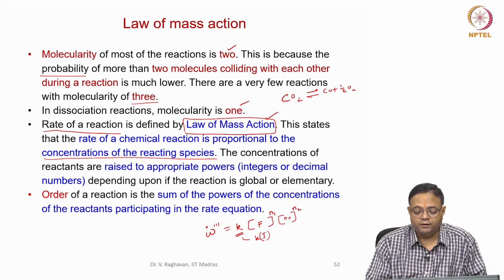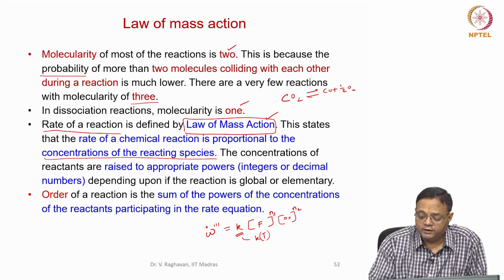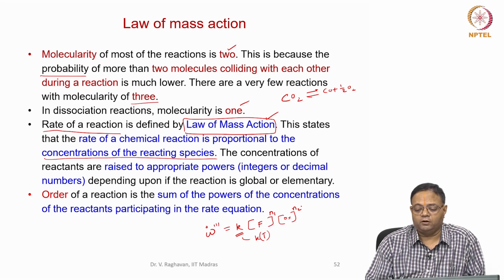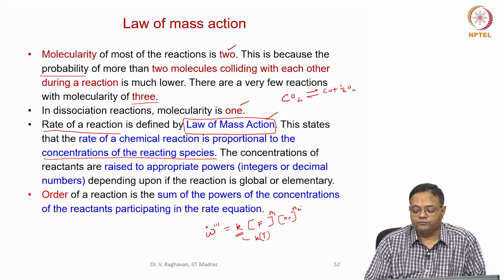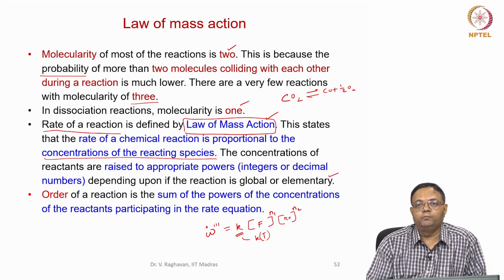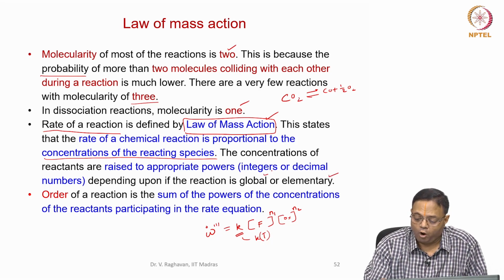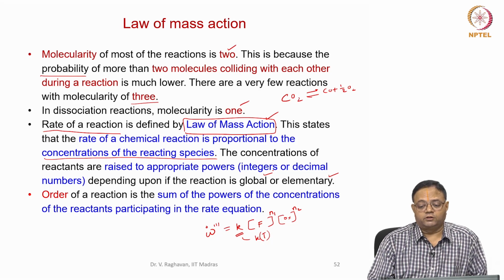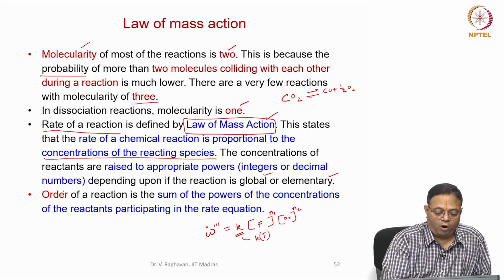We will do it in a little bit. Now, N1 and N2 can be integers or decimal numbers based upon what type of reaction we are going to consider. For an elementary reaction, N1 and N2 will be integers; if it is a global reaction, they will be decimals.